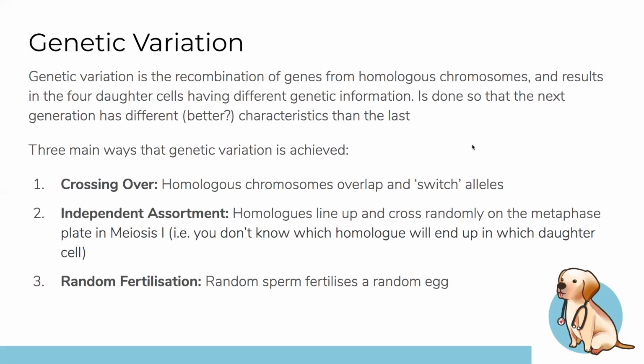The homologous chromosomes will line up, but you don't know which will be on which side. Let's give them arbitrary numbers: number 1 will line up there, number 2 on that side of the equator, or 2 and 1. You don't have all 1s and all 2s on one side; it's a mixture like 1, 2, 1, 1, 1, 2, 2, 2, 1, 2 versus the other side. And random fertilization is just that: a random sperm fertilizes a random egg.